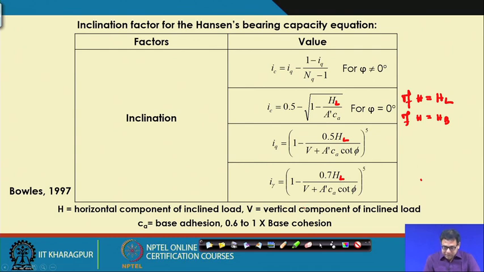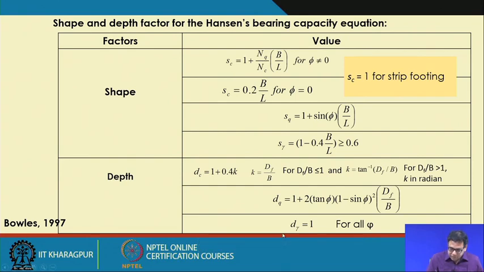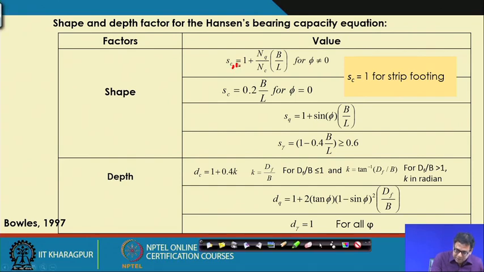In that case we have to do two things. One set is S C B, D C B, gamma S gamma B, Q B, all in terms of B. That means one set of factors will be determined by considering H B, which is parallel to the width axis.